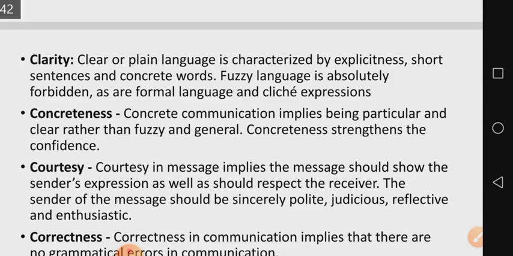Fuzzy language is absolutely forbidden, as are formal language and cliche expressions. When you are conveying something formally, fuzzy language is totally prohibited. So there should be clarity and concreteness in the communication. Your message should be clear and concrete, and you should avoid fuzzy language.